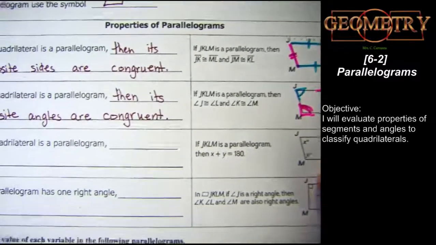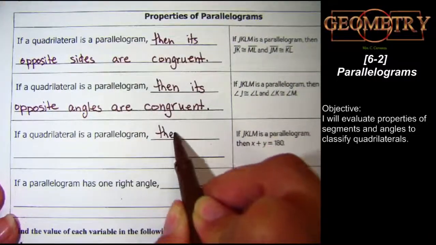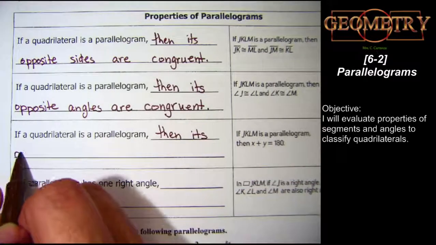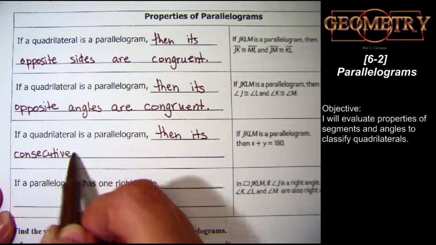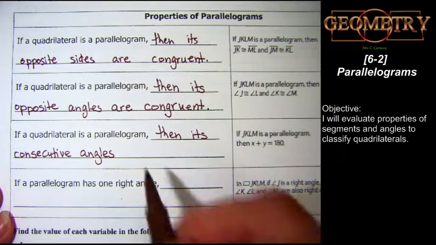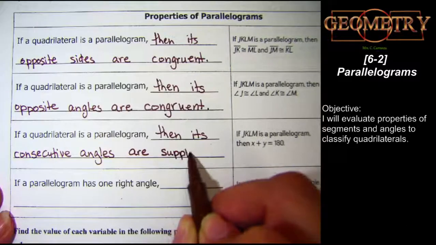The third property of parallelograms says that if our quadrilateral is a parallelogram, then its consecutive angles, that is, the ones one right after each other, these consecutive angles are going to be supplementary.